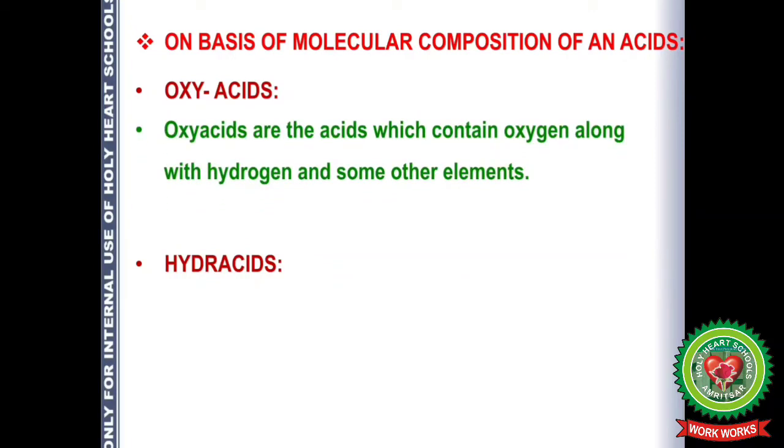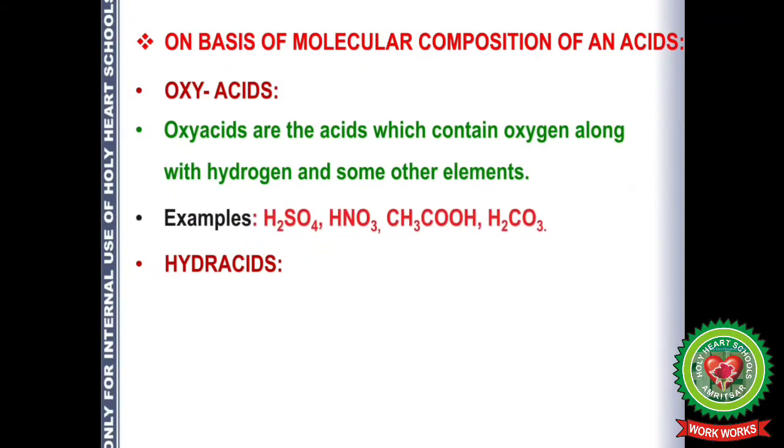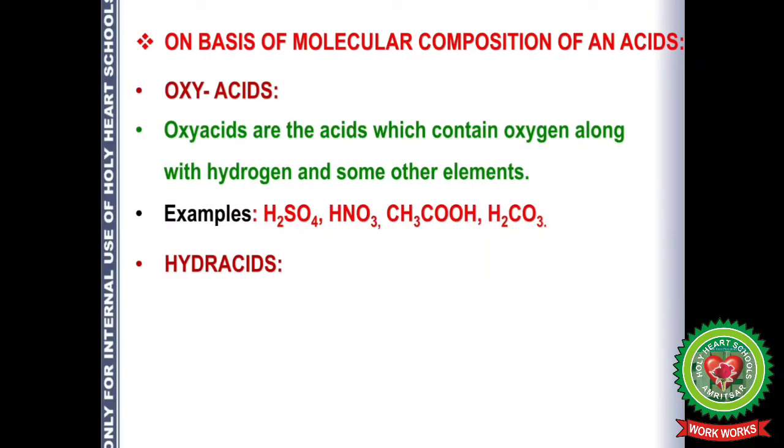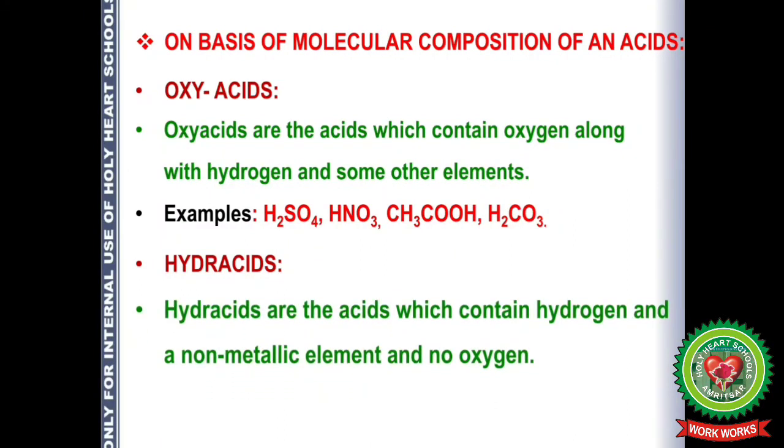So what are oxyacids? Oxyacids are the acids which contain oxygen along with hydrogen and some other elements like a non-metal. For example, sulfuric acid, nitric acid, acetic acid, carbonic acid, and so on.